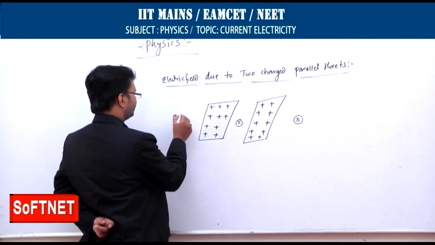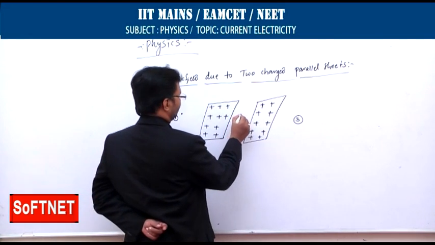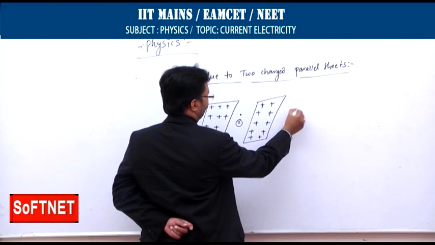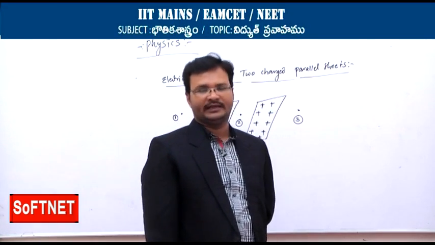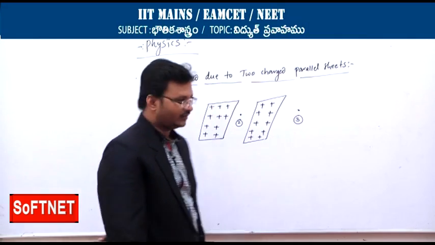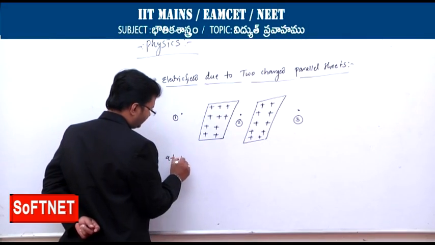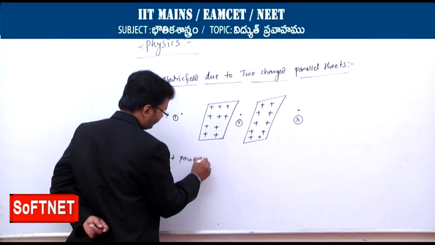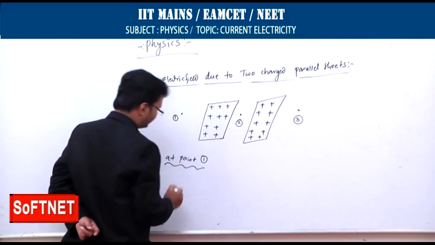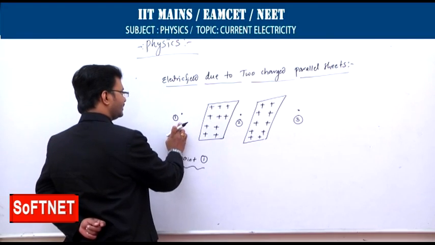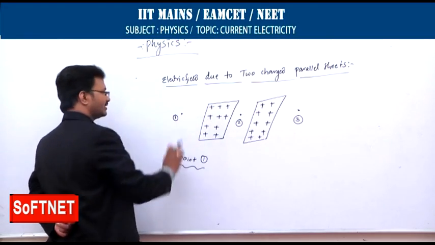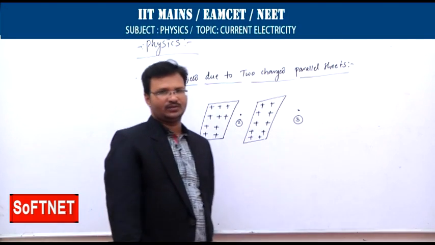Point 1, point 2, point 3: at these three points we need to find the electric field intensity. First, at point 1, we discuss this one. At point 1, due to this sheet an electric field is going to exist, and due to the other sheet also an electric field is going to exist.